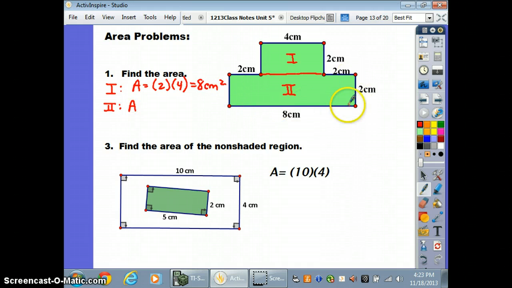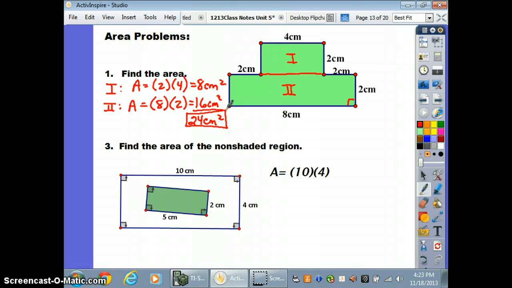This time its base is 4 and its height is 2. And that's 16 centimeters squared. And then if we add those two together, we get 24 centimeters squared.